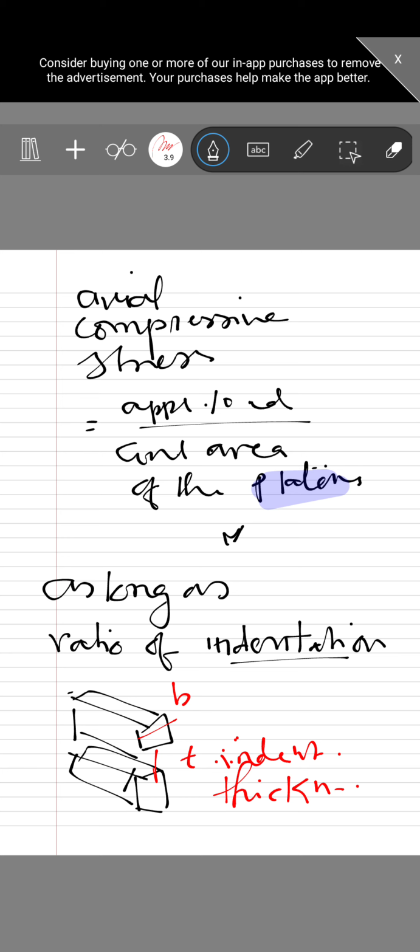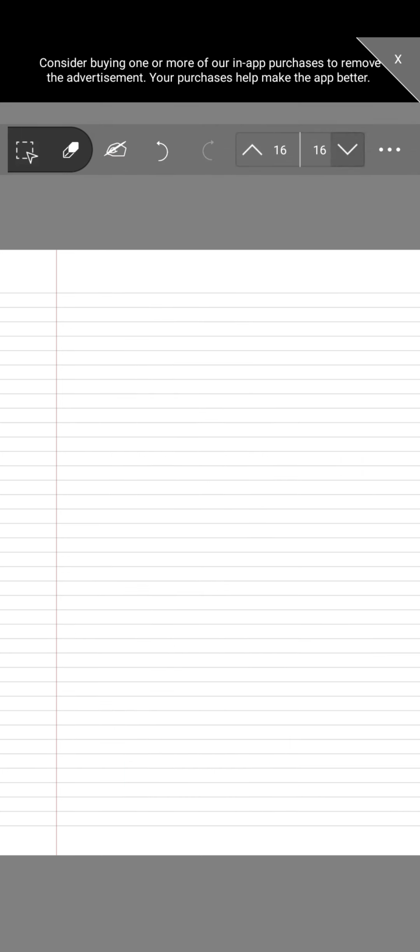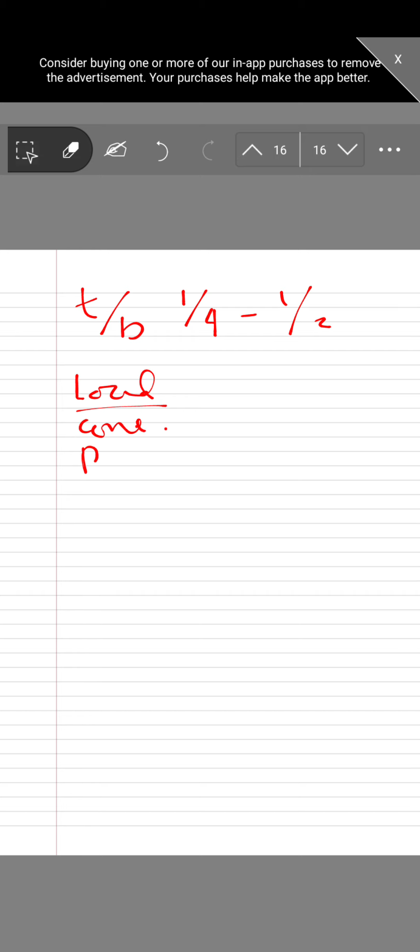So when this t by b ratio, indentation thickness to width of the platen, is in the range of 1/4 to 1/2, then as said, the uniaxial stress is simply the load divided by the contact area of the platens, provided it is in this range.